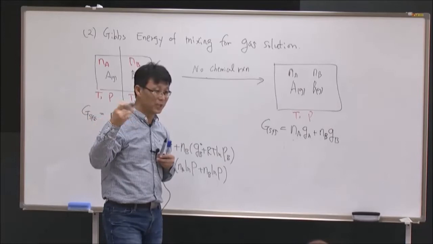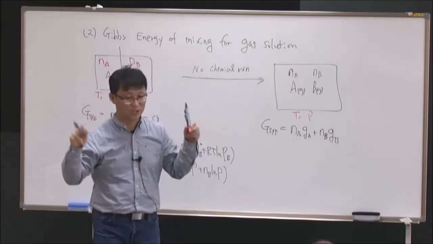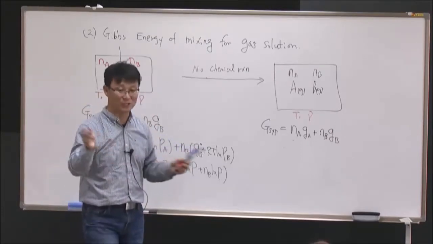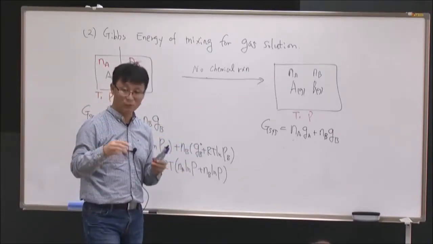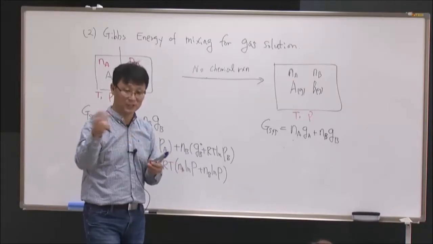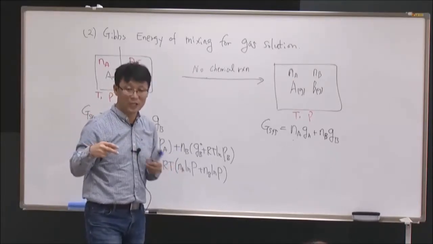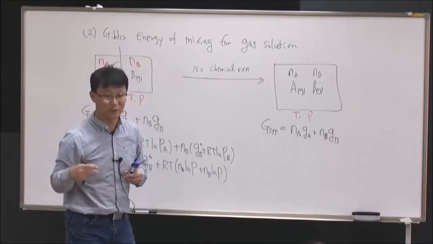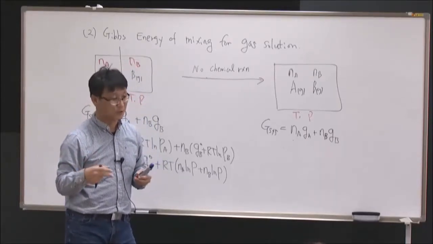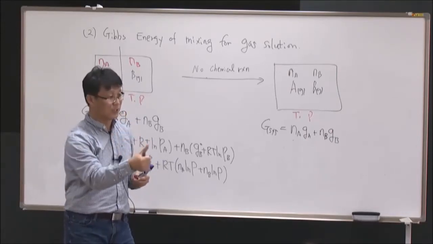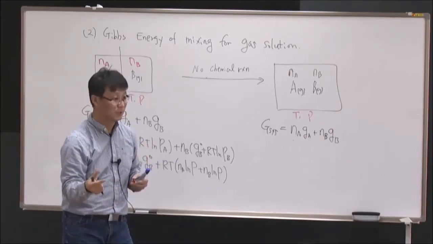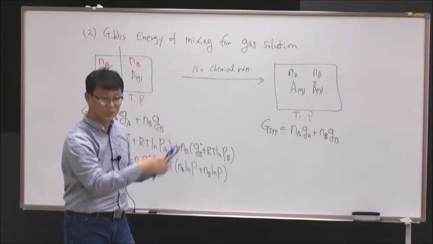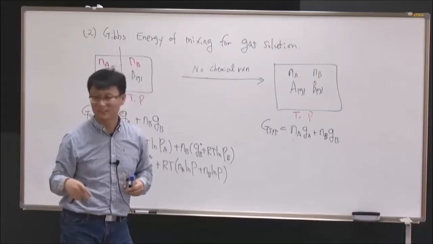But one of the very nice assumptions about the ideal gas law is that, from the ideal gas law point of view, there's no interaction between the gas phases. Because the distance between the particles of the gas phase is so far, they don't even know whether a B molecule is existing next to the A molecule. Okay? So that's the ideal gas law. No particle interaction, no volume. Yeah? So even if I allow A to mix with B, A still doesn't know B is existing.